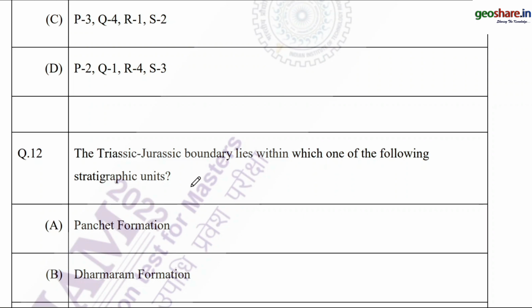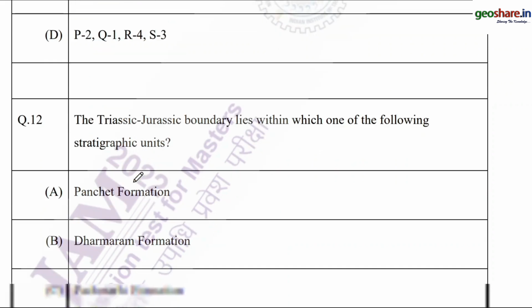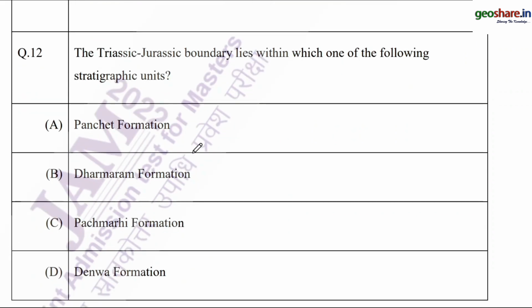The Triassic-Jurassic boundary lies within which one of the following stratigraphic units? Dharmaram formation.